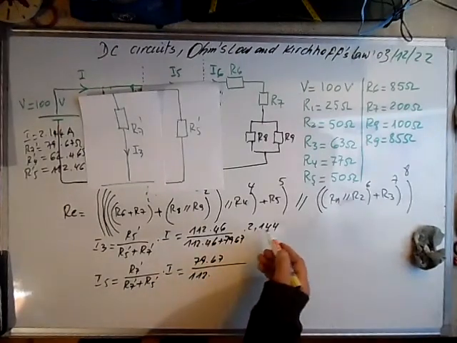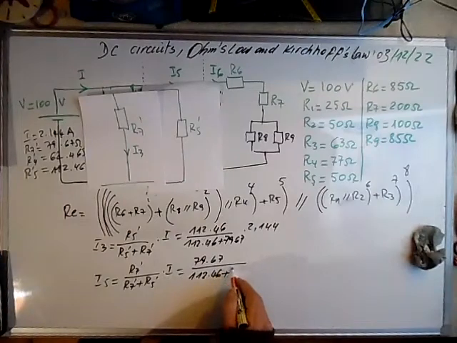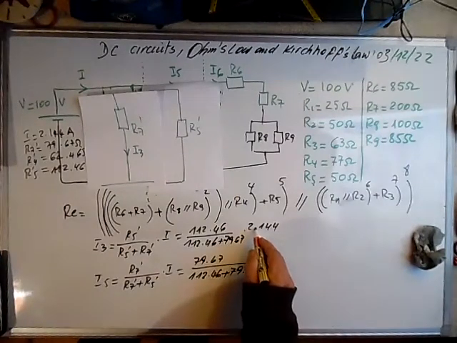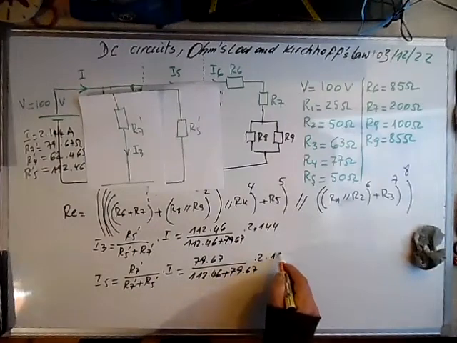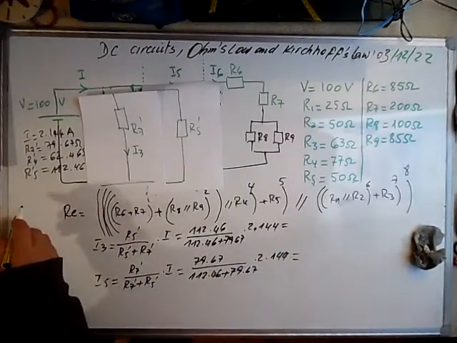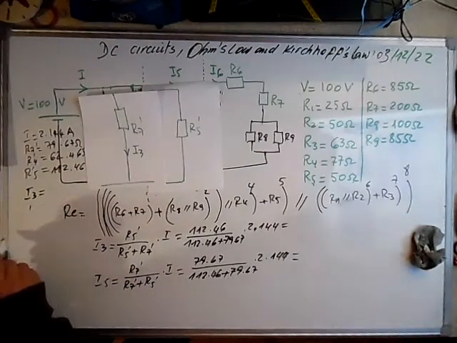For this current I can take away I3 from the main current and I obtain I5, but we can use this as well. 79.67 times 2.144, and the result is this one. I will write the result, I3 and I5.